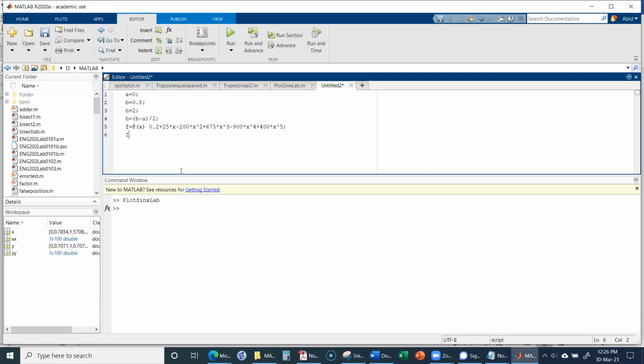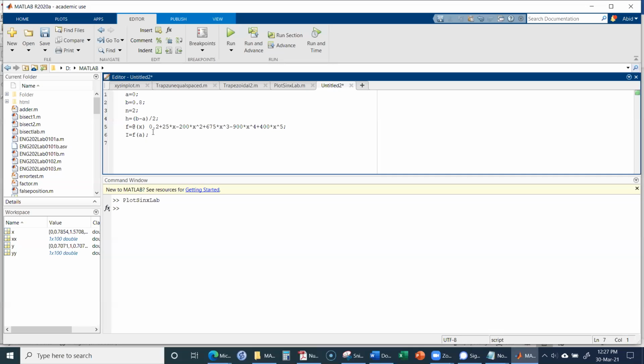Because we have to find the sum, I want to store our final answer in a variable I. The first term will be equal to f of a, because this was the starting value. For the next few terms, all of these terms will be multiplied by 2.